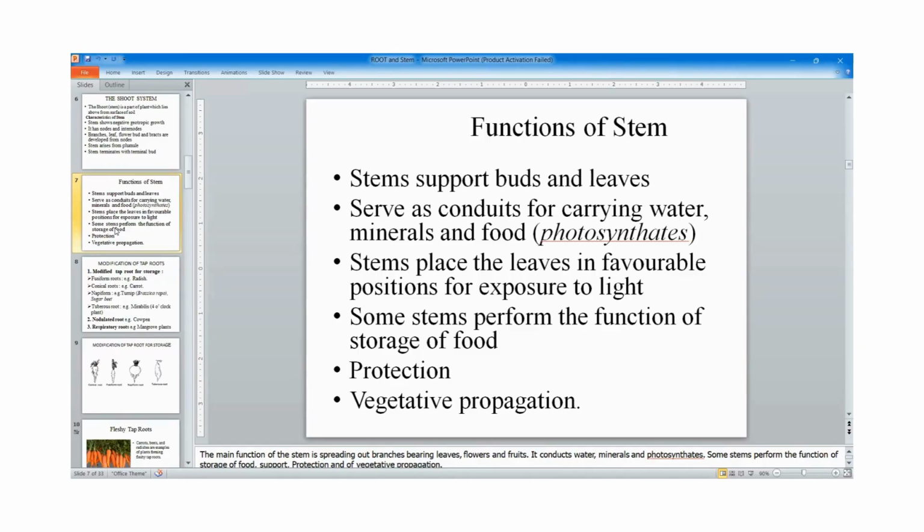Some woody plants that have hard bark protect the plant. Some stems have thorns, which protect the plant from animals. The stem is also used for vegetative propagation. For example, cassava, sweet potato, their stems are used for propagation.